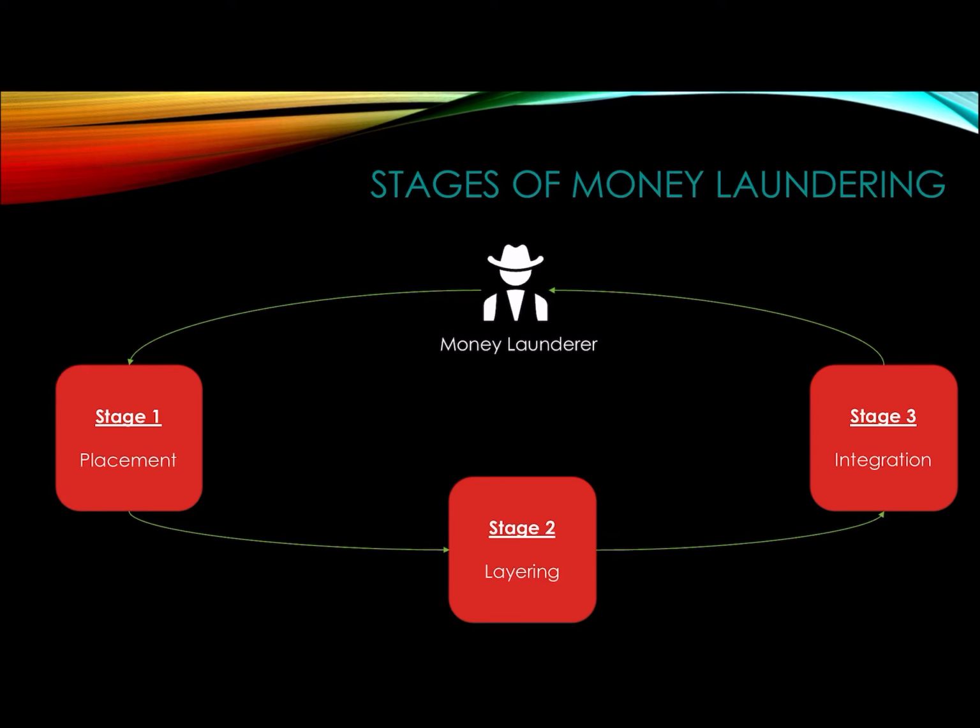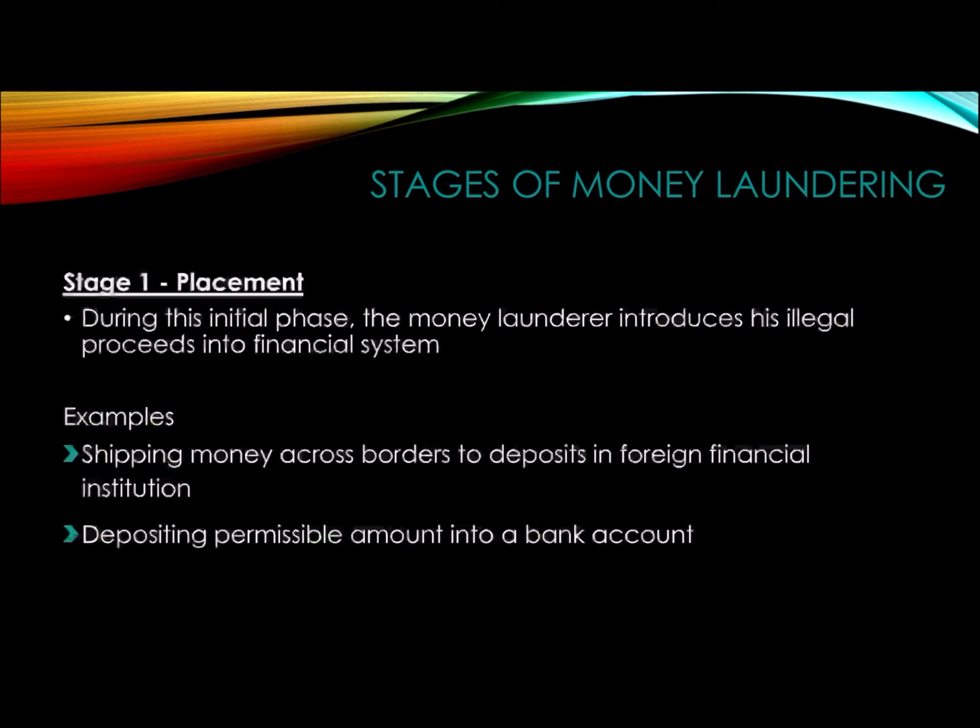So let's understand stage one, which is placement, in a little detail. Placement is the initial phase, where the money launderer introduces his illegal proceeds into the financial system. Some examples can be shipping money across borders to deposit in a foreign financial institution, or depositing a permissible amount in a bank account.